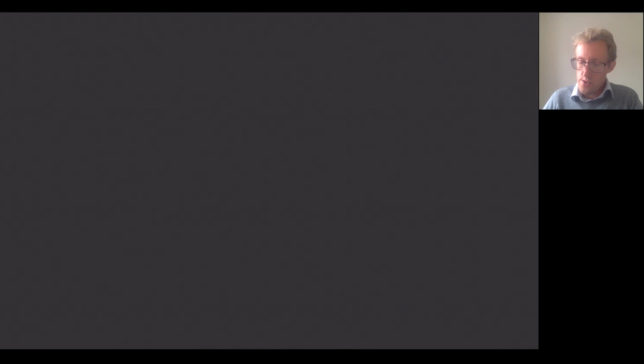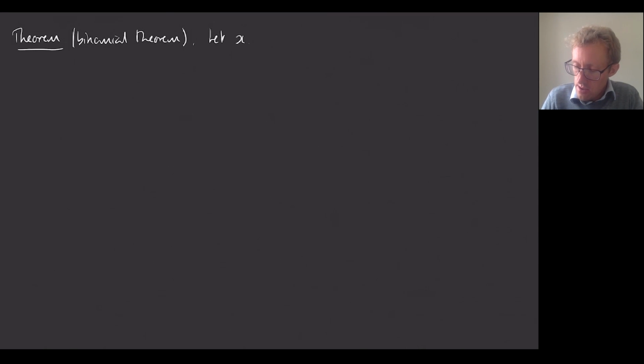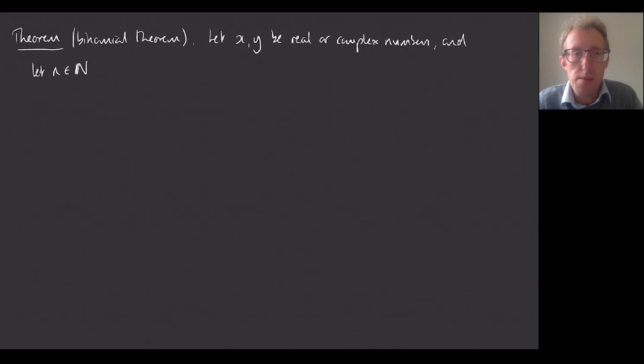But we're going to use this result in our proof of the binomial theorem, which I will write out now. So this is a theorem, the binomial theorem. We're going to let x and y be real or complex numbers, and we're going to let n be a natural number.